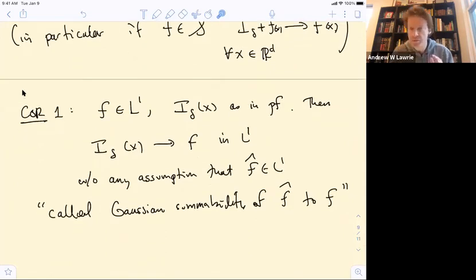So maybe this is not so clear, but does this call to mind anything that we did with Fourier series?